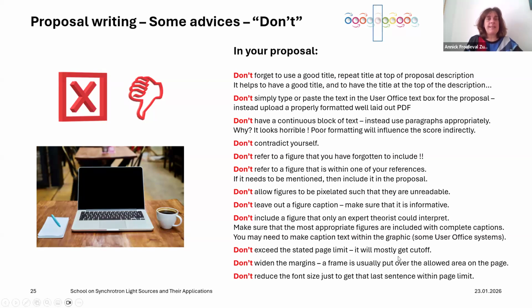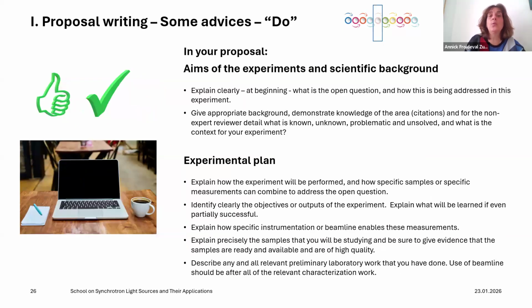So these are the advices on what you may better not do, but then I also have advices on what you should better do. In the part of your proposal which is dedicated to the aims of the experiment and the scientific background, from the beginning, explain clearly what is the open question.